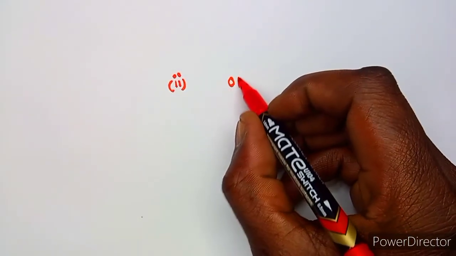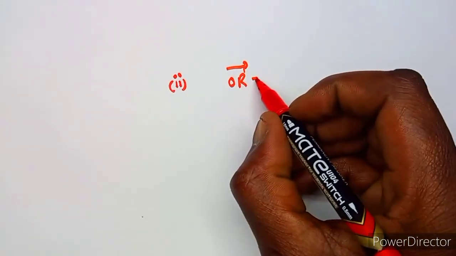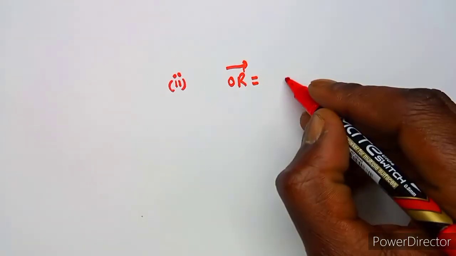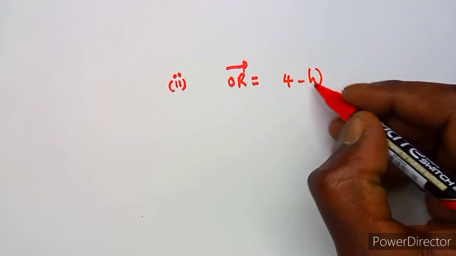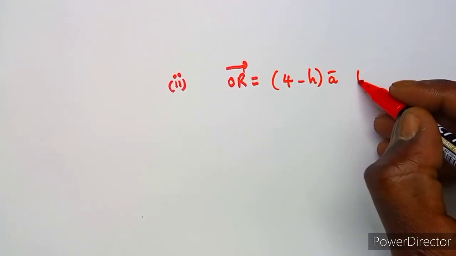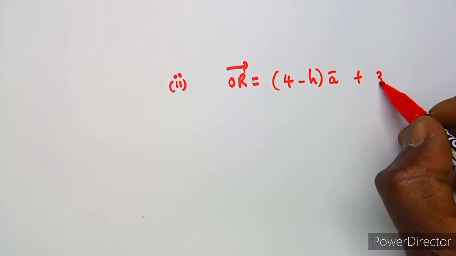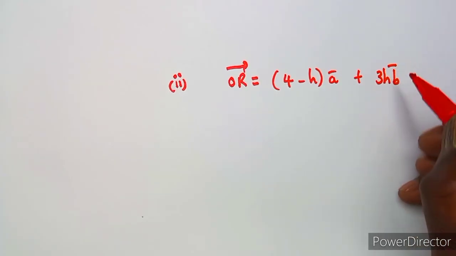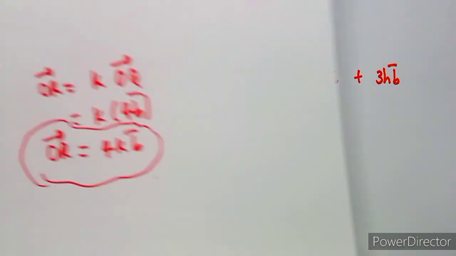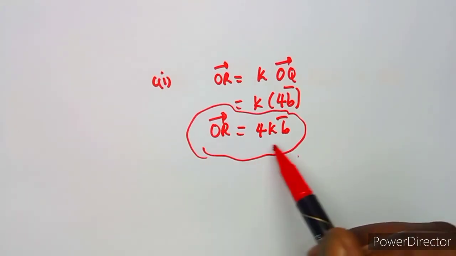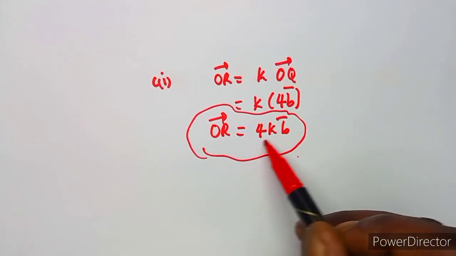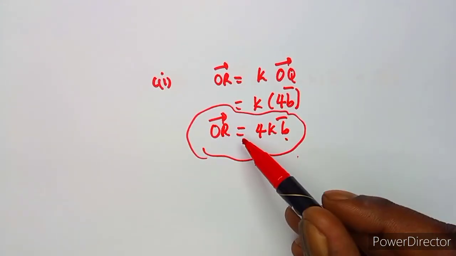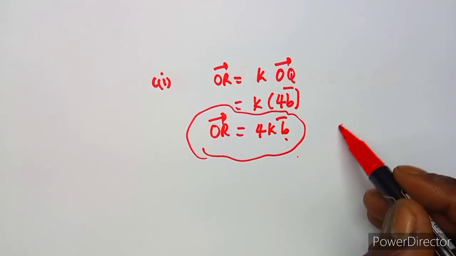So from item B, we obtained that OR is equivalent to this expression: 4 minus H into vector A plus 3HB. This is what we obtained from item B. Now from C item 1, this is our OR, but as you can see here, we are given only B. We do not have A. Vector A is not there.